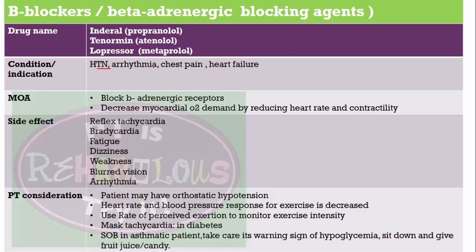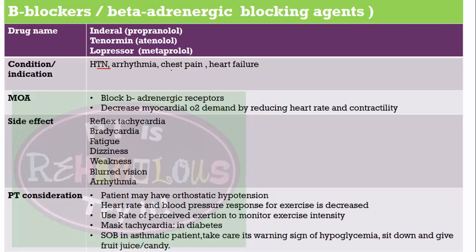For hypertension, what happens with a beta blocking agent? It will decrease your blood pressure and decrease your cardiac output, and with the help of decreased blood pressure and cardiac output, there will be increased myocardial oxygen supply, and your blood pressure will be under control.